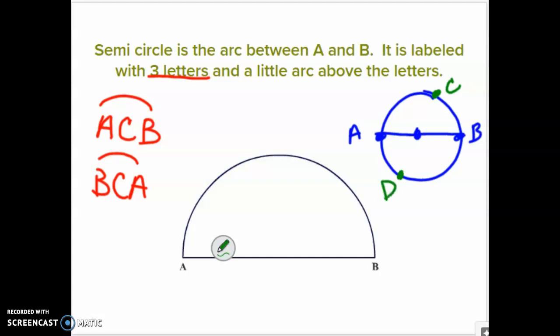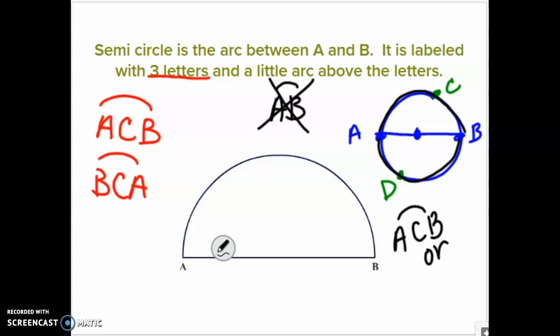Now we label this with three letters instead of two because if I just said AB, I could be talking about this arc up here, or I could be talking about the lower arc. So I have to distinguish if I'm talking about arc ACB or arc ADB. So it's important that we use three letters for semicircles as well, so that we know which one we're talking about.